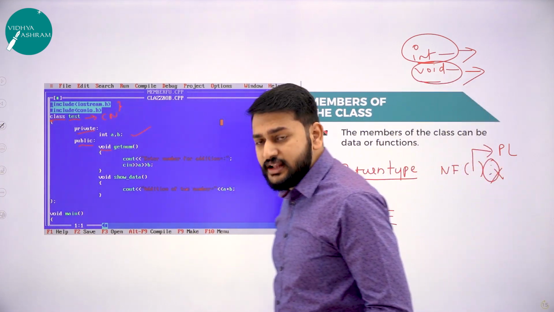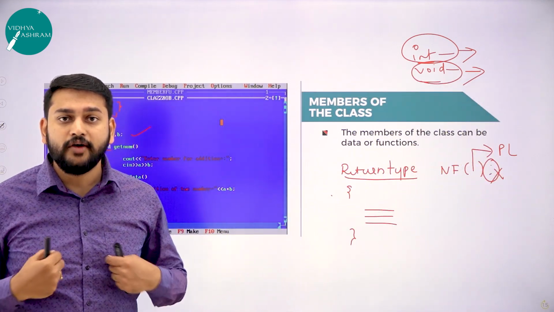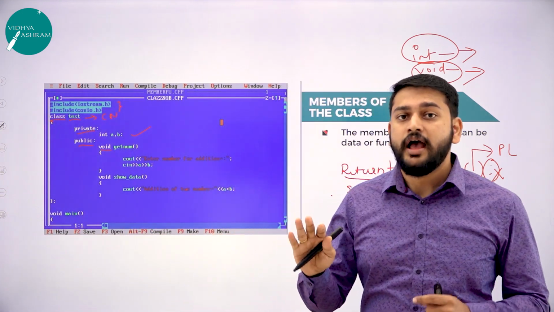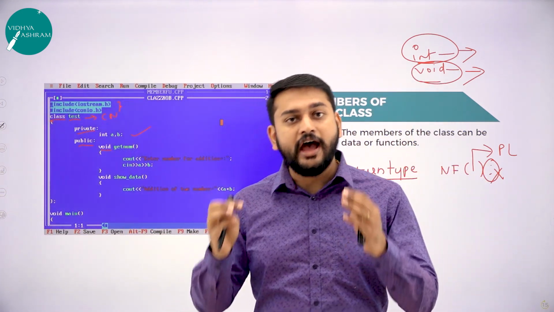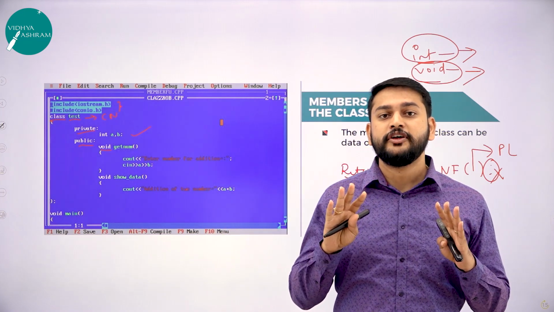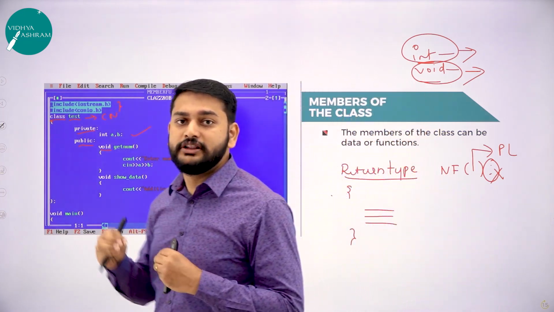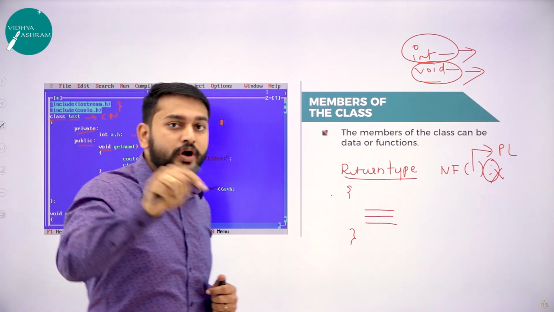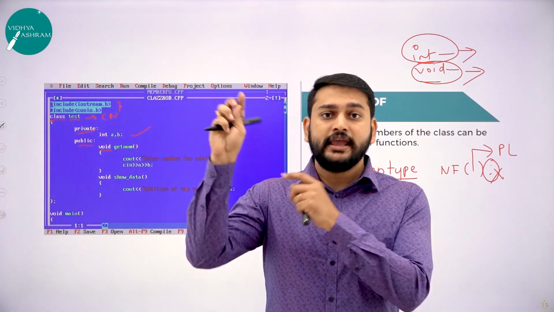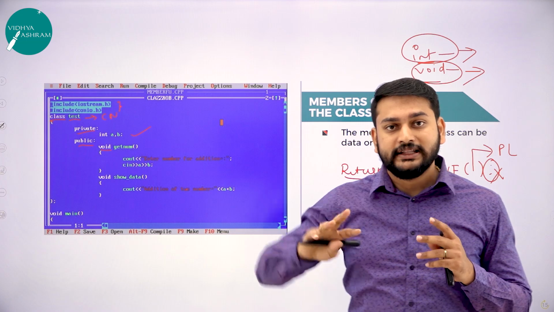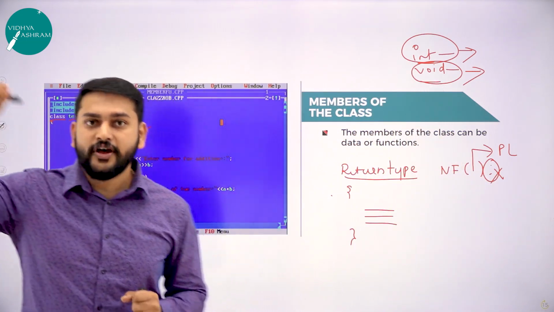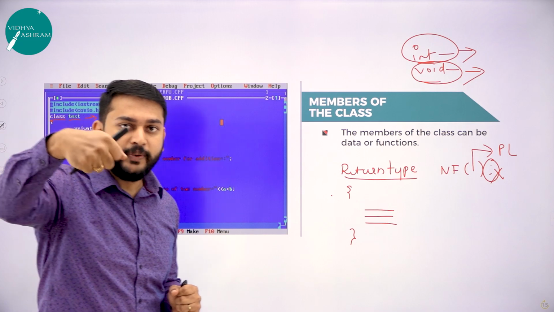For example, let's take an example like this. I will go to the hotel. I will not take any parcel. I'll get the food, right? I will have the food in that hotel itself. Suppose I have the food in the particular hotel, and then I come out after having the food, then that is what I will call void, because I'm not carrying any food outside. In the second scenario, if I take the food as a parcel and come out of the hotel, I have the parcel with me.